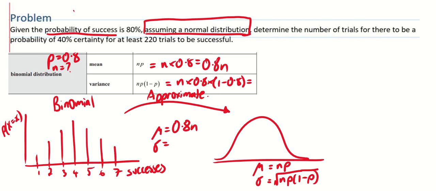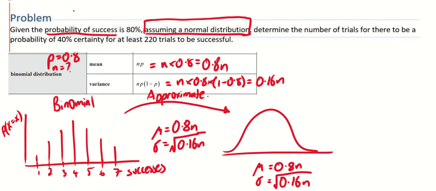So effectively we'll get 0.16n for the variance, so my standard deviation will be the square root of 0.16n. I can do something fancy here and say it's 0.4 root n, but I'm not going to bother, just to make the calculator work a bit easier in the future.